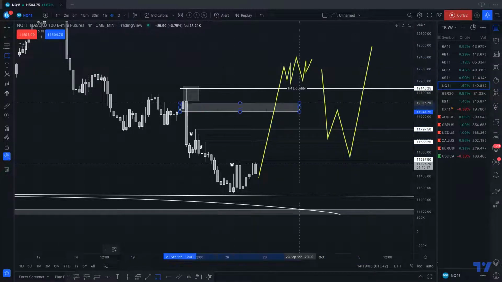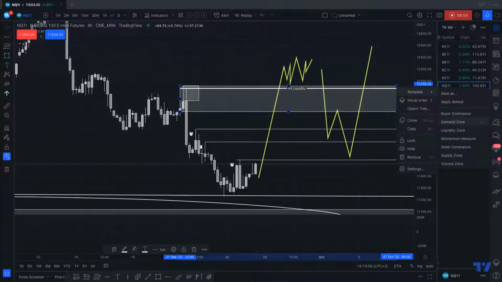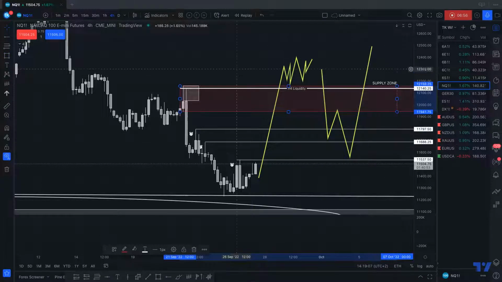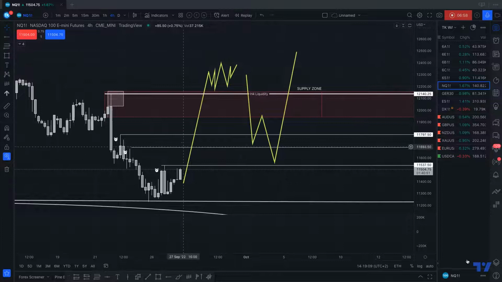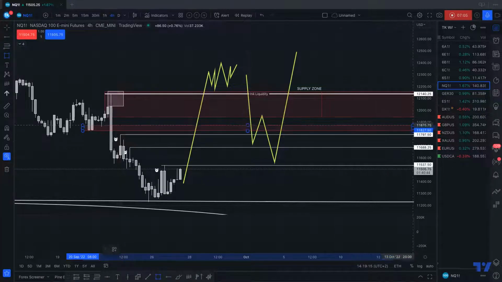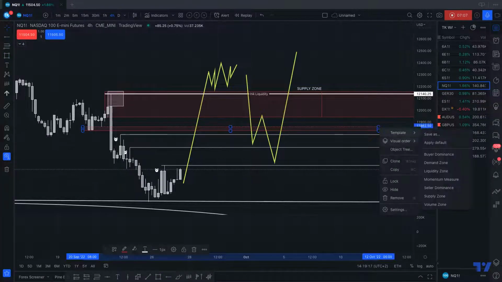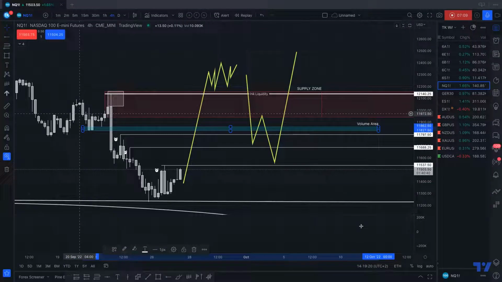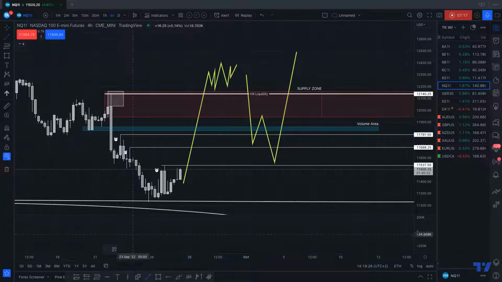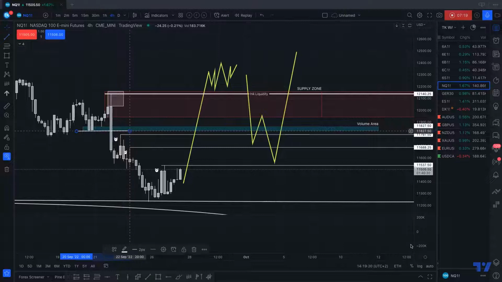Obviously, here we have a supply, so we have to be careful on the supply. And this is basically a volume zone in which we have liquidity here, a break of this structure here.